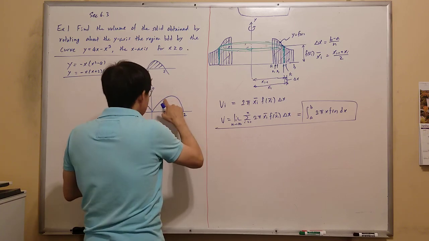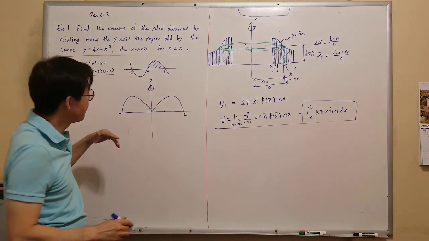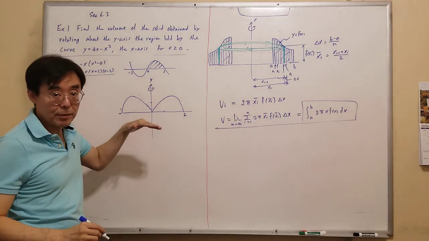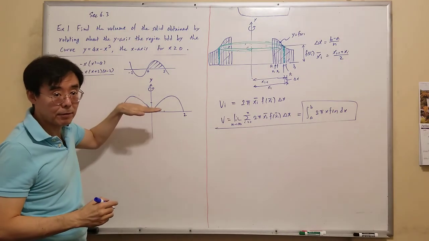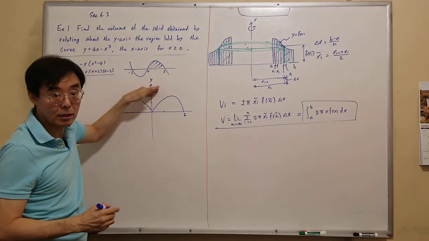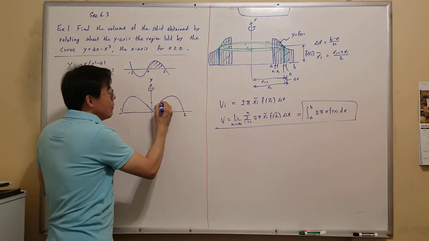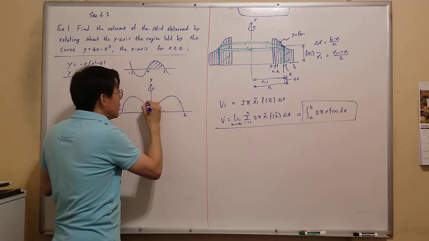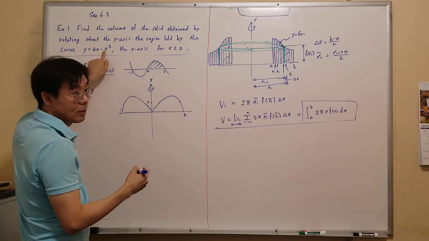Now, again, if you really want to use the washer method, then you have to consider the cross-sectional area function perpendicular to the rotational axis. So for given y, you have to find these x coordinates. That means for given y, you have to find x.